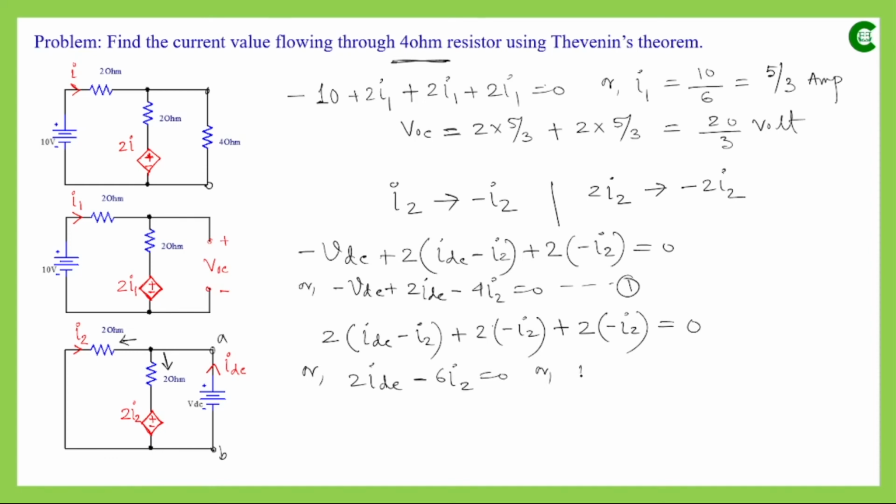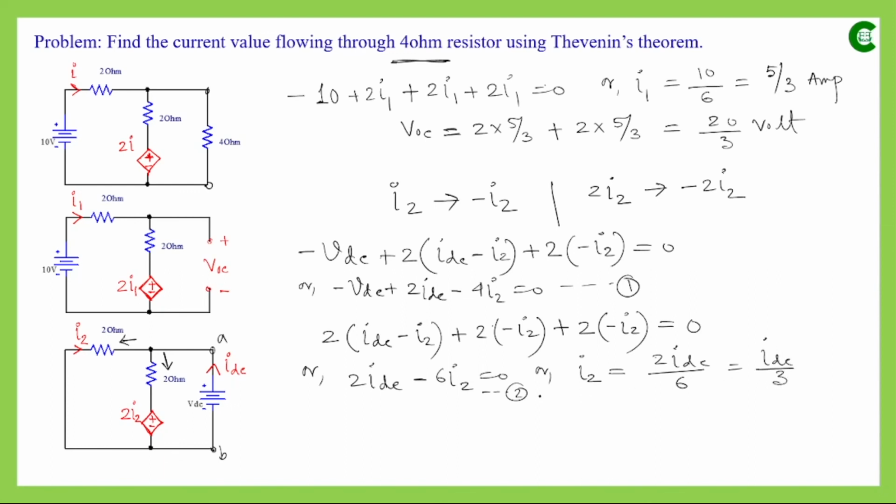Since finally we want to find the ratio of VDC and IDC, we have to eliminate I2 from both the equations. Taking this as our second equation, if we represent I2 in terms of IDC, I2 will be equal to 2IDC by 6, that means IDC by 3.